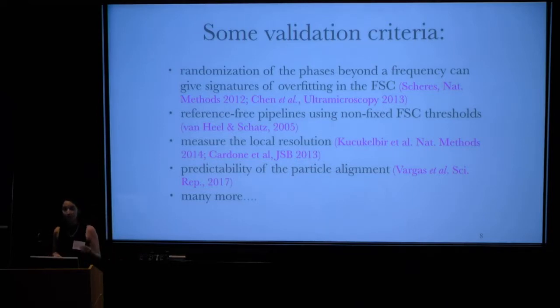There have been proposed reference-free pipelines that use non-fixed thresholds for the FSC curves. There have been methods that propose to measure the local resolution instead of an absolute resolution of your map. Also, for example, the predictability of the particle alignment can give you indications of the quality of your maps, and there have been many more methods.